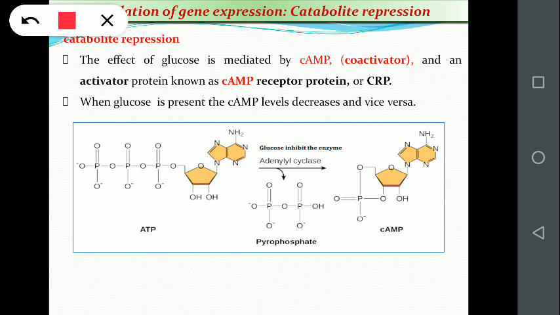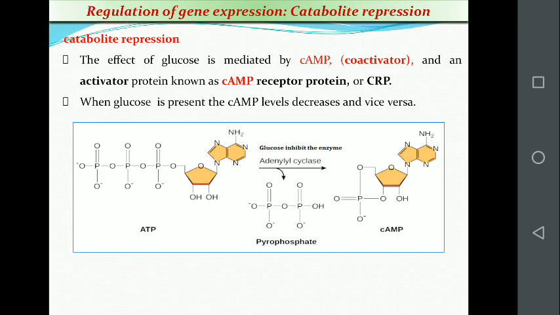In that way the cell senses the presence and absence of glucose. If glucose is there, cyclic AMP levels will be low. If glucose is absent, cyclic AMP levels will be high. So this is the mediation process by cyclic AMP.